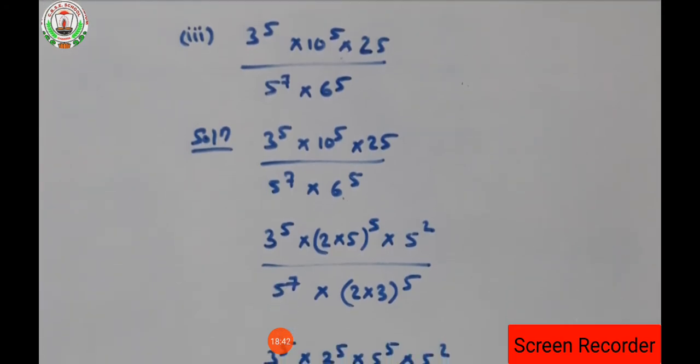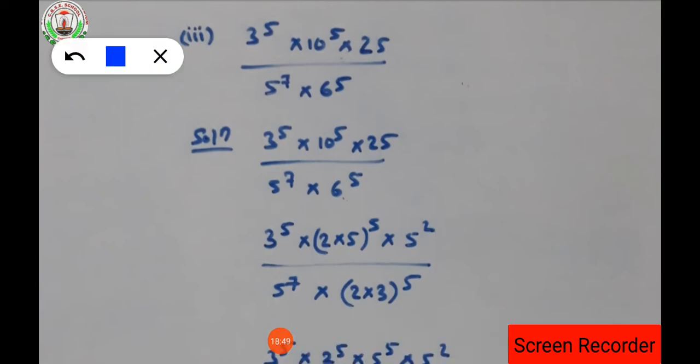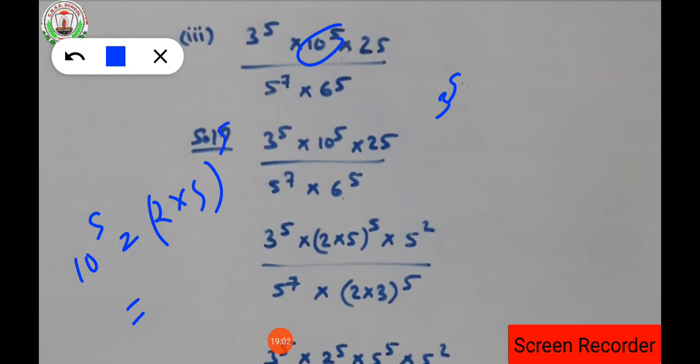In question number 3, again we have to do the same way. No difference is there. We are having 3 to the power 5. Then 10 to the power 5 can be written as 2 into 5, and the power will be 5 itself. So while separating the power, 2 to the power 5 into 5 to the power 5 will come, isn't it?